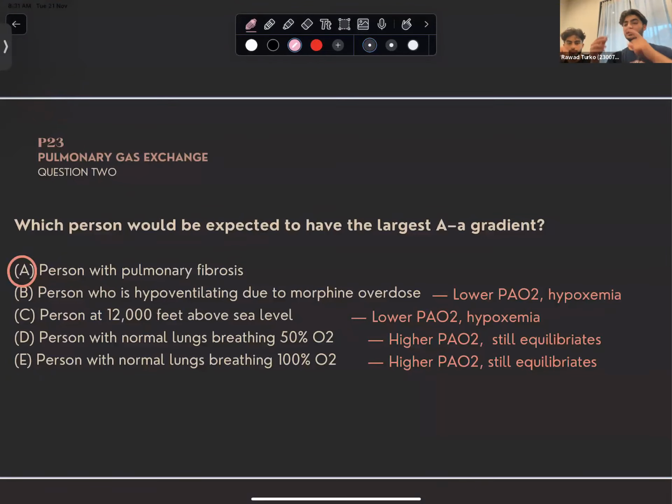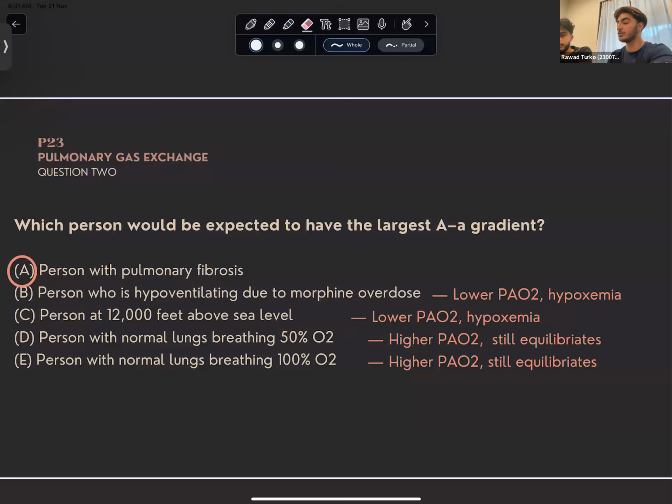So the difference between the two would not be great. It would be able to equilibrate. You will have arterial pressure that is equal to the alveolar pressure, but the only problem is your alveolar pressure is already low. That's why.